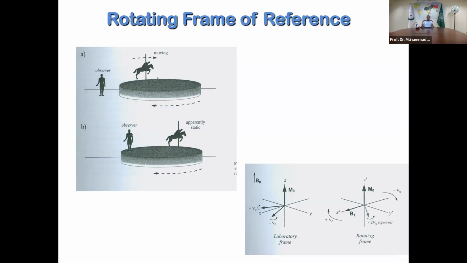Take the example of Earth. Planet Earth has two different movements. One is called axial movement, and the other is rotational or circular movement around the sun. Okay, so you are not outside.